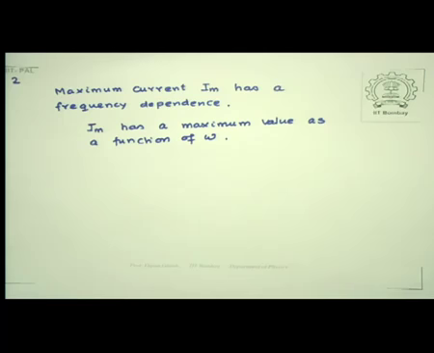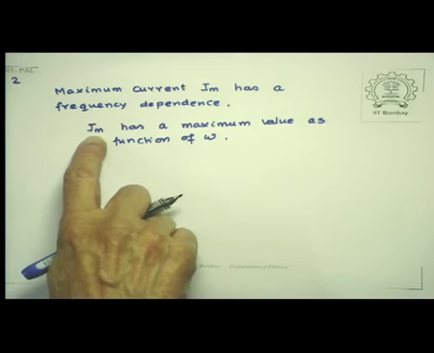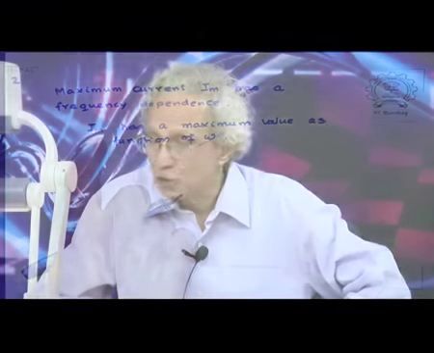There are two types of maximum I am talking about, so there should be no confusion. Firstly, in a given circuit, meaning thereby resistance, capacitance and inductance fixed and frequency also fixed, I have a maximum value of the current.